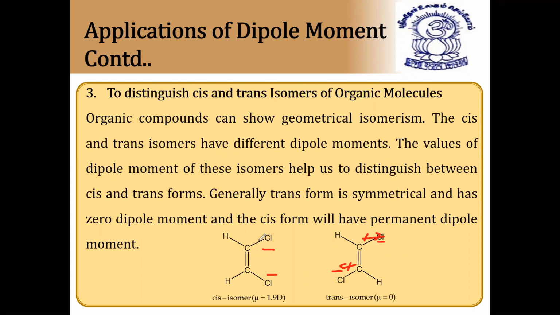Whereas in the cis, they go from this side and from this side, an upward moment and a downward moment, so they are not opposite each other and cannot cancel out. For cis isomers, maximum dipole moment, and for trans isomer, zero dipole moment. I hope you understood clearly why it is zero.